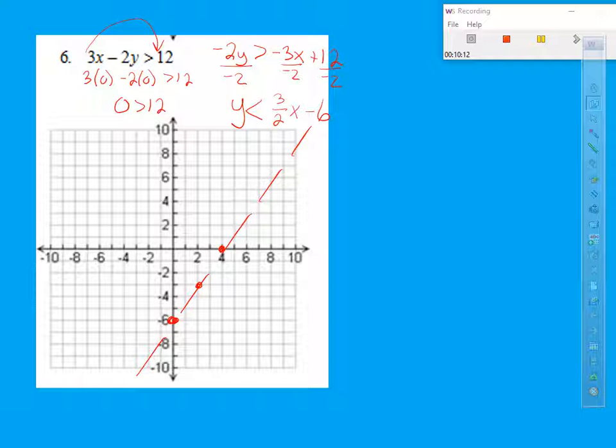If that's true, shade this side. If it's not true, shade this side. 0 greater than 12 is not true, so I do not want this side right here. I want this side. So guys, there's the front side of it. That's solving linear inequalities.